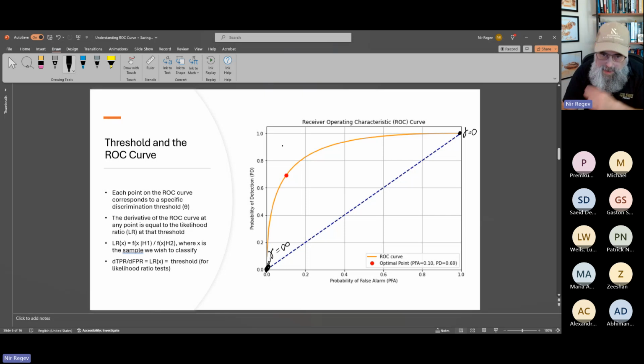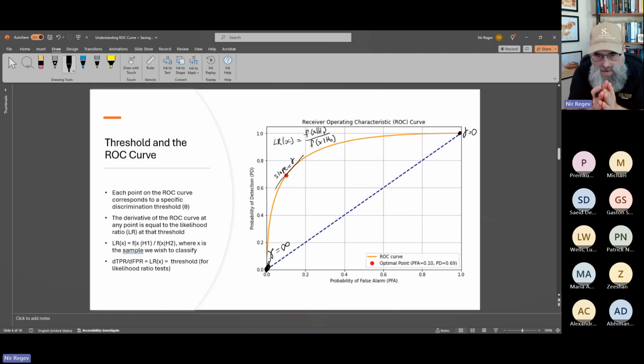Okay, usually in radar at least, but this can change depending on the classifier, if we are taking a classifier likelihood ratio of x that is equal to the PDF under the first hypothesis divided by the PDF under the null hypothesis, we get that this slope here, the derivative of the ROC curve, is the threshold gamma.